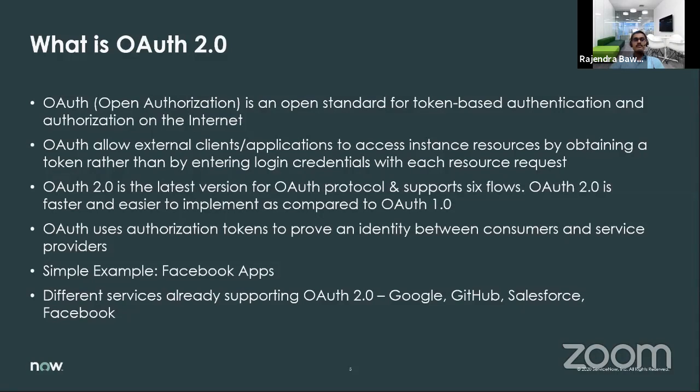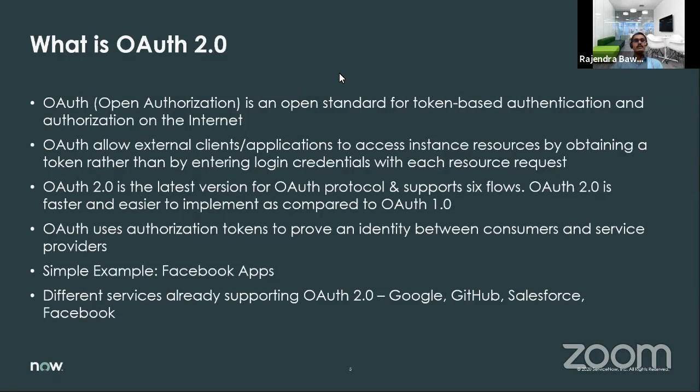OAuth 2.0 is faster and easier to implement as compared to OAuth 1.0. Many times we have integrations with third-party or external applications, and they insist on using OAuth authentication instead of basic authentication because OAuth is more secure and reliable as compared to basic authentication.